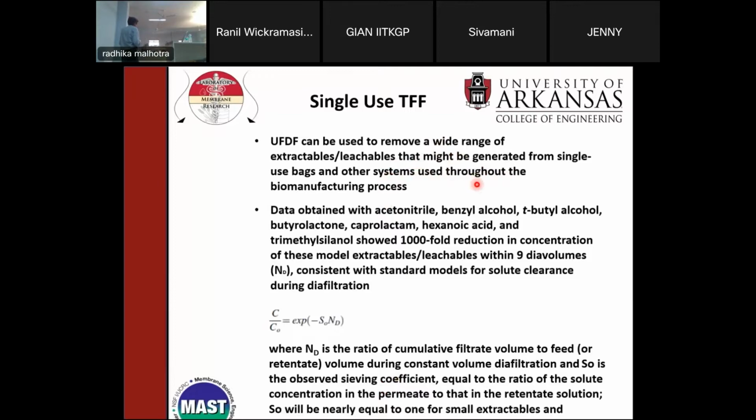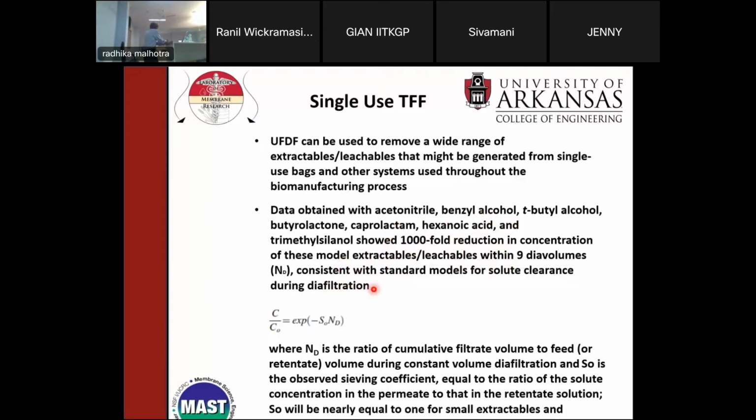When you're developing devices, you need to be concerned about leaching and make sure leachables are removed. Data with acetonitrile, benzyl alcohol, hexanoic acid, and others show a 1,000-fold reduction in concentration of these model extractables or leachables within 9 diavolumes, consistent with the standard model during diafiltration.